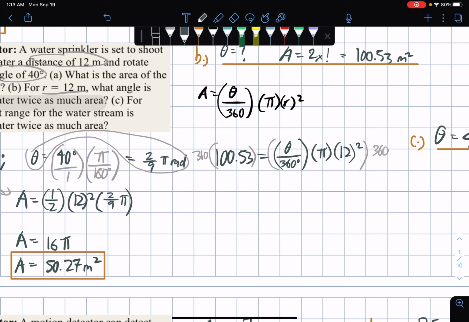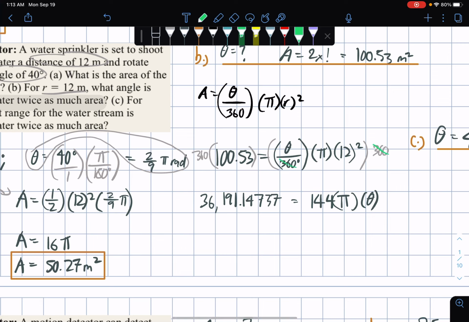So we get something like 36,191.14737, which is equal to 12 times 12 is 144 pi and theta.